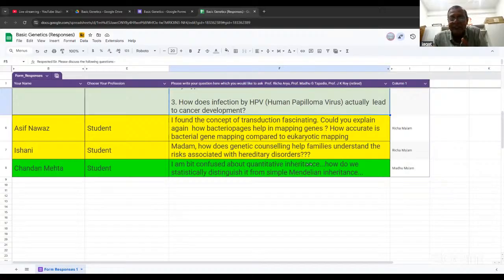Some of those genes are responsible, you call them oncogenes, and they are responsible for cancer development. So that is how the cancer develops. There can be two things: one is HPV virus infection, and some of the genes of the HPV virus are responsible for the oncogenicity, and thus cancer develops. So this is the answer.